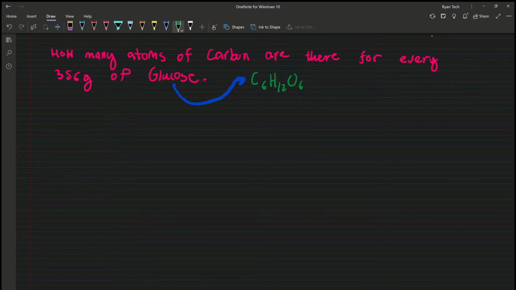So you can rephrase the question as, how many atoms of carbon are there for every 356 grams of C6H12O6?